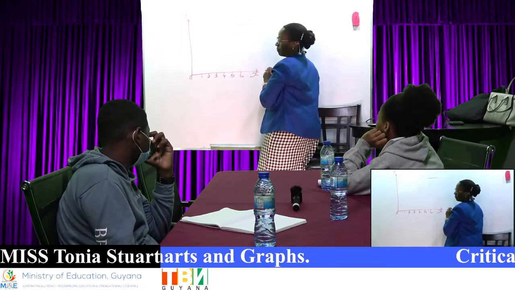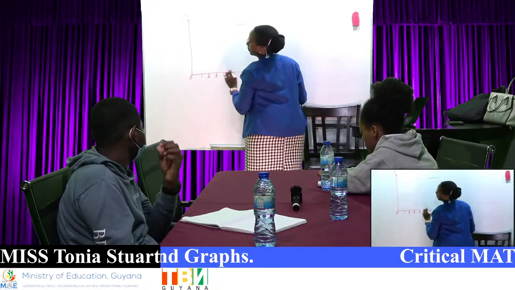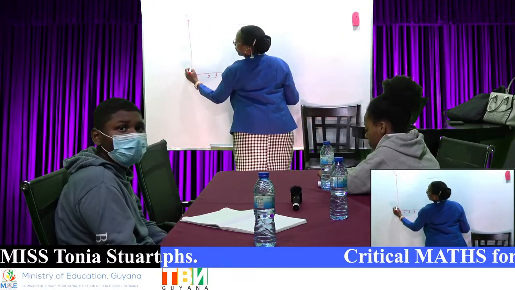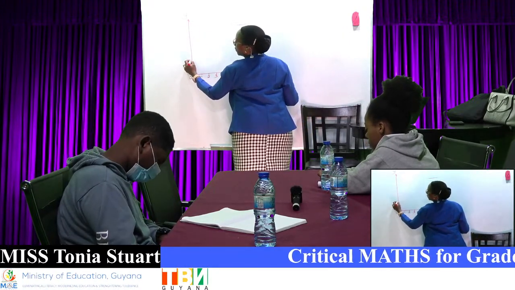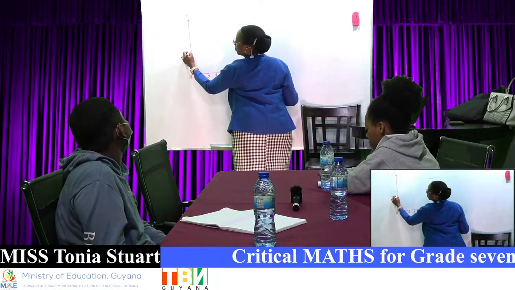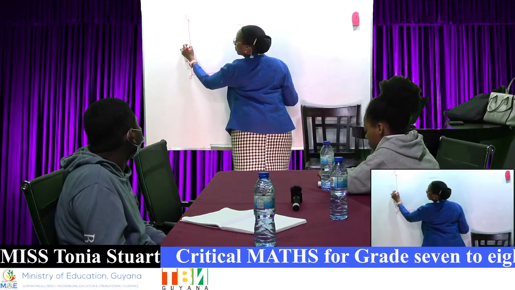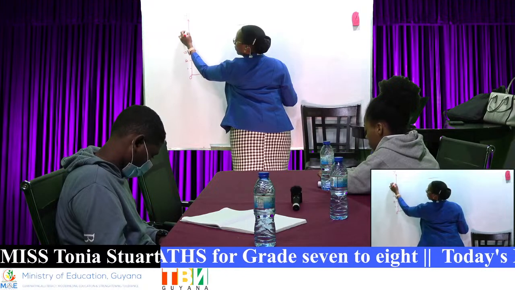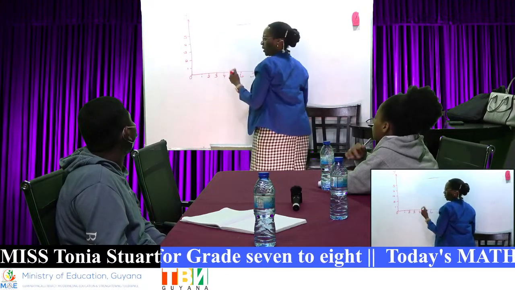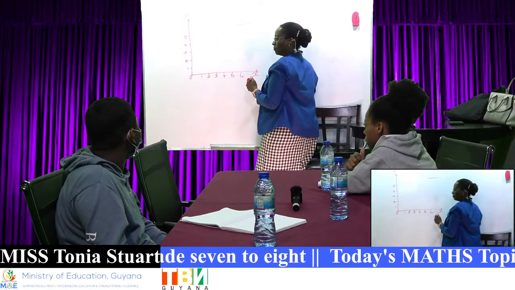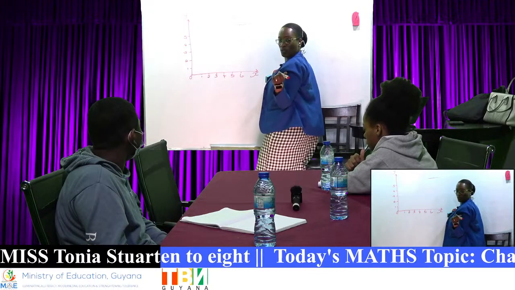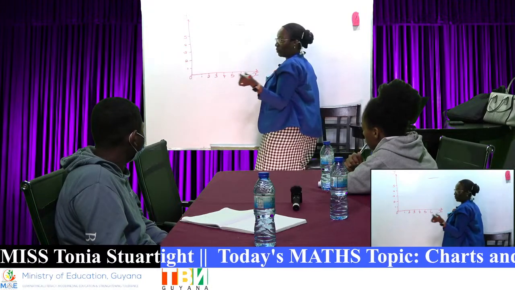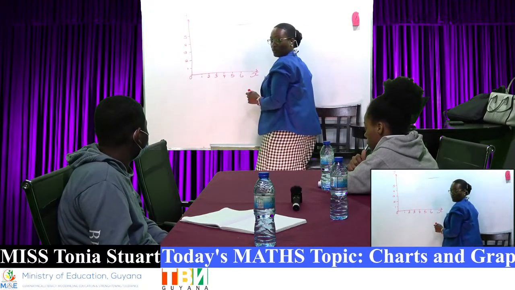Agree? All right. And then we have 1, 2, 3, 4, 5. We don't have so many numbers, right?